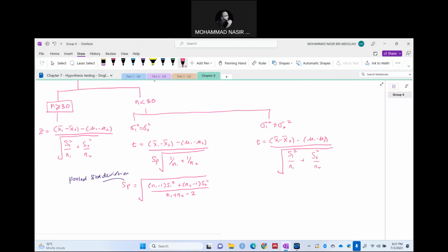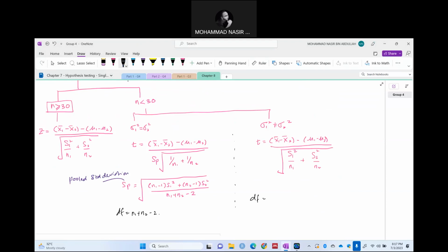And the degree of freedom, if you are using T distribution, remember last lecture, we have degree of freedom. For one population it is N minus 1. For two populations, the degree of freedom for this one is N1 plus N2 minus 2. But for variance not equal, the degree of freedom is a bit different.